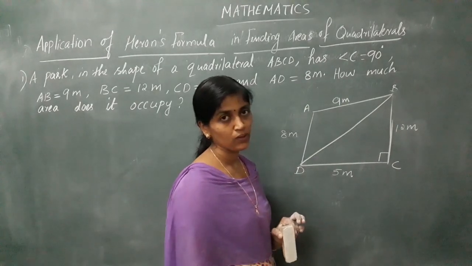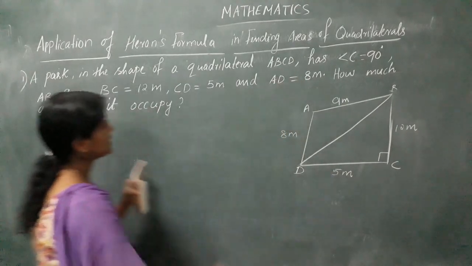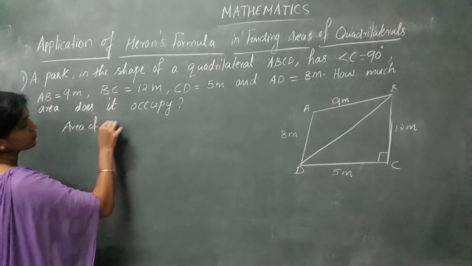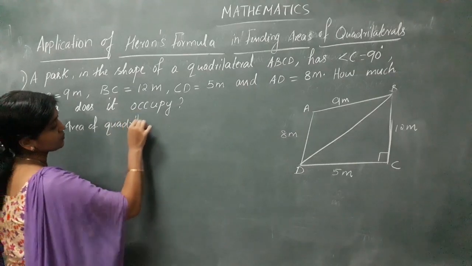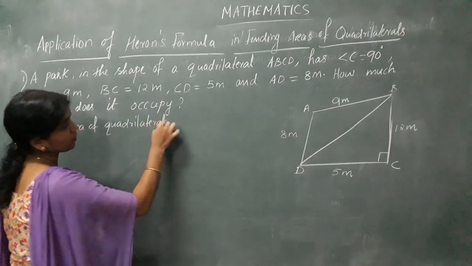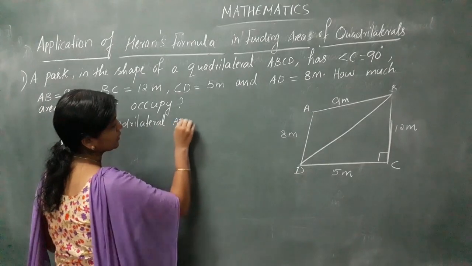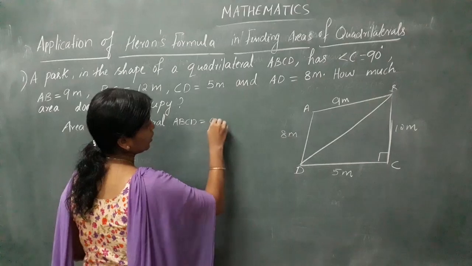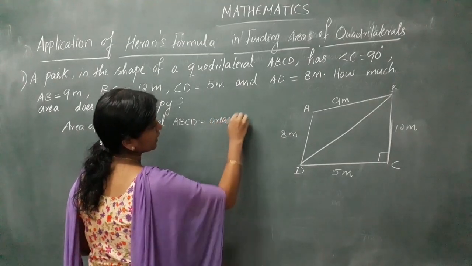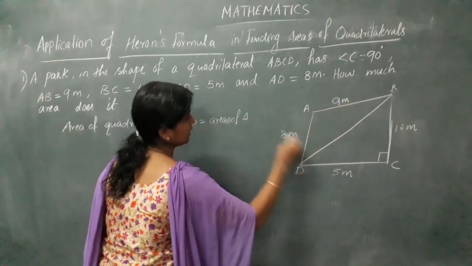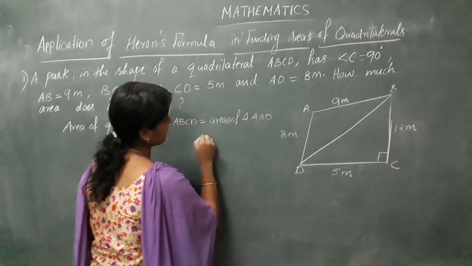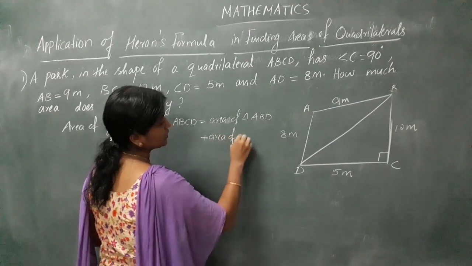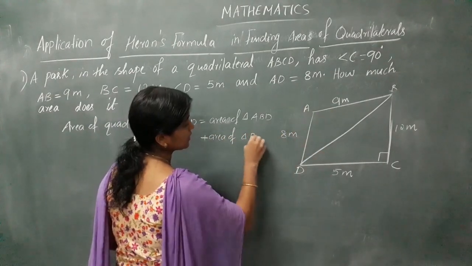Clear to you? Okay. So how can we write here? Area of quadrilateral ABCD is equal to, what is it? Area of triangle ABD plus area of triangle BCD.